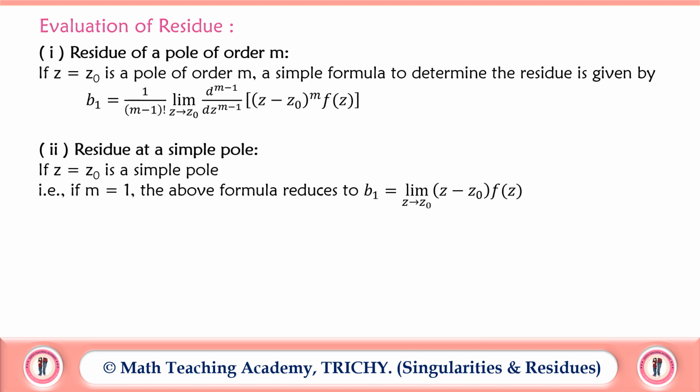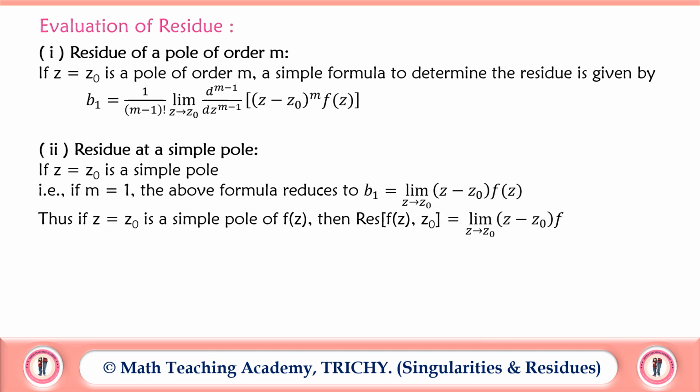Here if we put m is equal to 1, then the differentiation vanishes. So we get simply limit z tends to z0 of (z minus z0) whole power 1 into f of z. Thus, if z is equal to z0 is a simple pole of f of z, then the residue of f of z comma z0 becomes limit z tends to z0 of (z minus z0) into f of z.